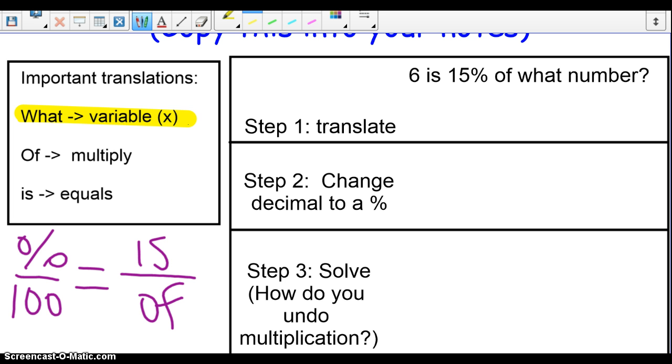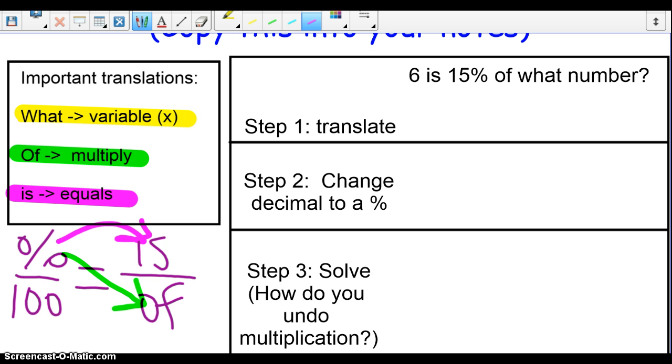So I like to use X. Some other people like to use K or T or I or S or whatever letter you want to use, except for O. So what always gets translated to the variable. Of means multiply. And really you can see that over here because remember you always multiplied the percent by the of. Then is means equals. And the is on top in the proportion was equal as well. So it's similar to what you had yesterday.